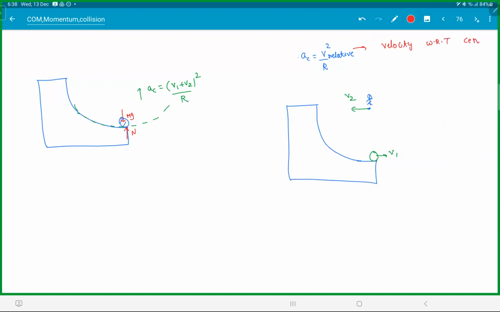Till now, you never had a problem because the centers never moved till now. This guy sees the particle going in a circle. If you try to see it from the ground, it won't be a circle, it will be some weird path. So the observer on the center sees the ball going in a circle, so you have to take the velocity with respect to him.